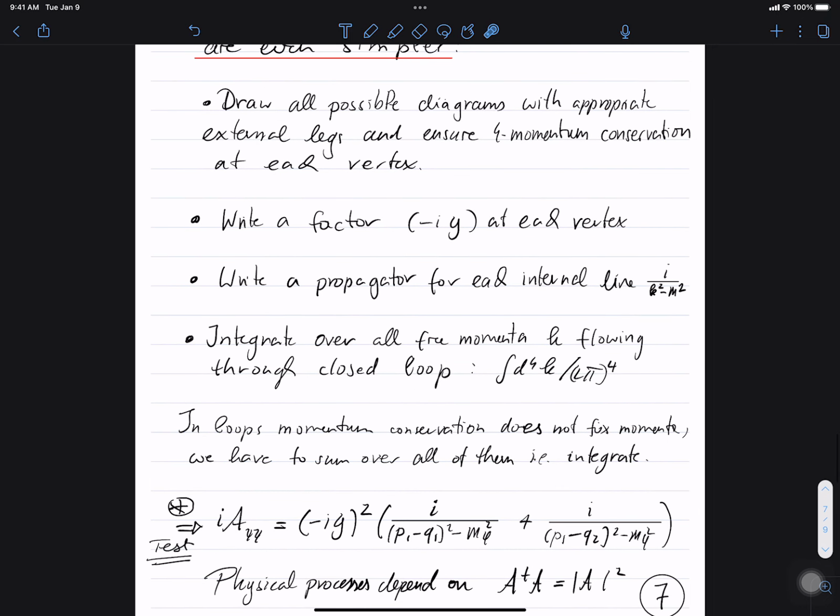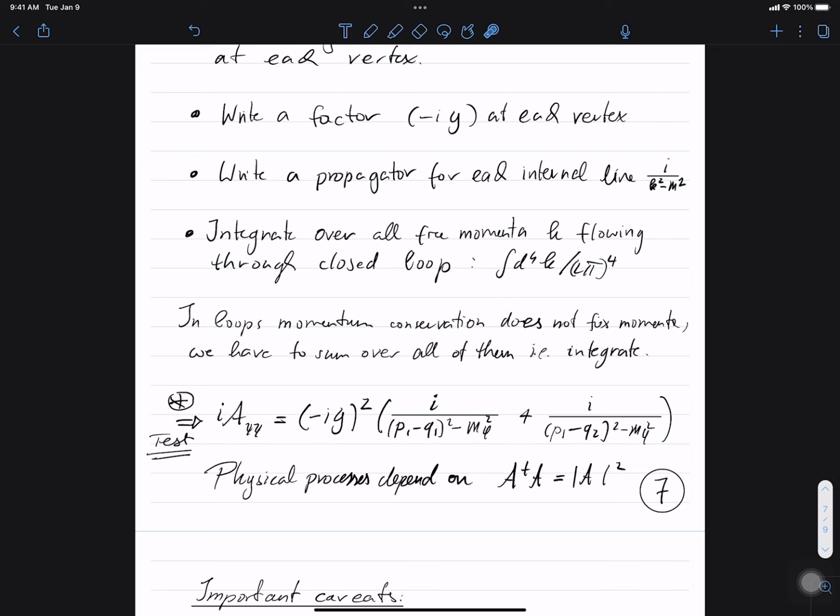The rules are: draw all possible diagrams with appropriate external legs and ensure momentum conservation at each vertex. Before, we saw that if we use the rules, the delta functions will conserve the momenta, but we can also just conserve the momenta by hand by writing the appropriate sums. Then for each vertex, we write a factor of negative iy for the amplitude.